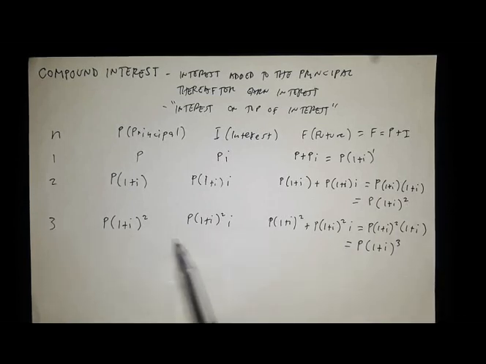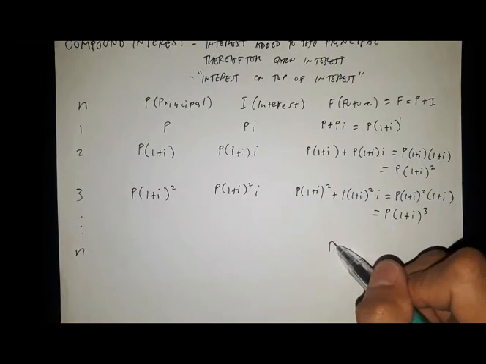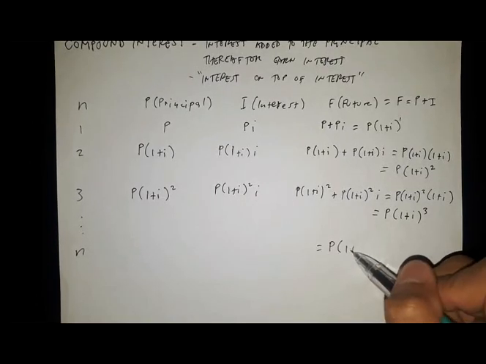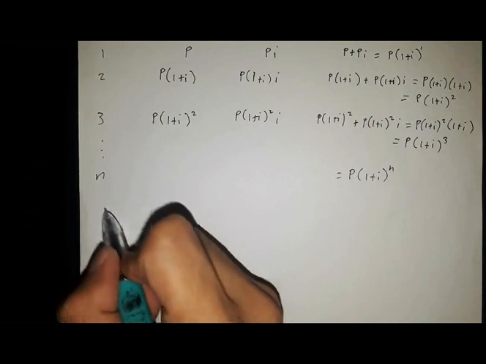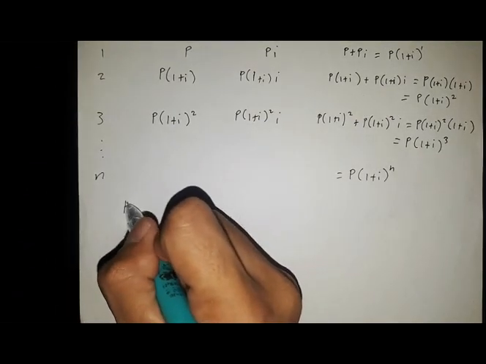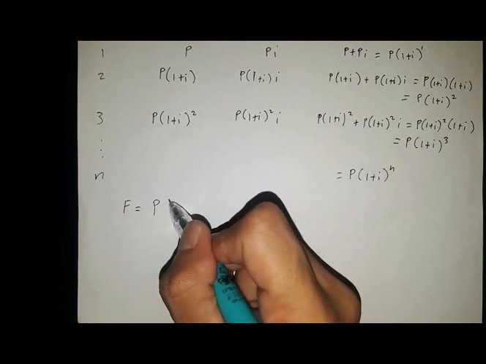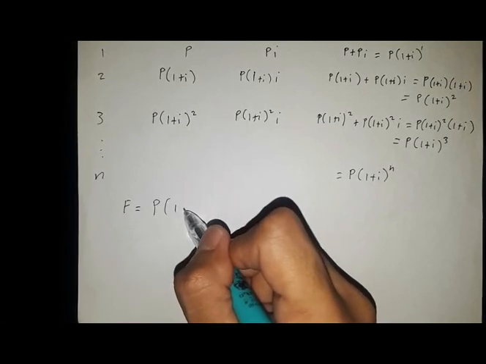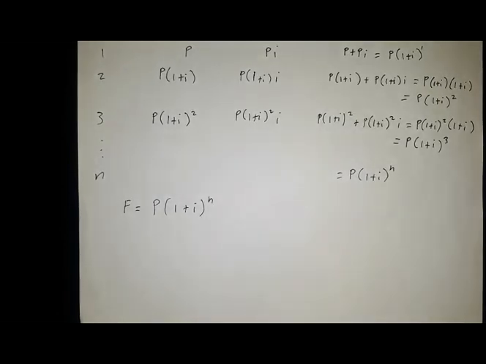For the third period, we have F equals P times 1 plus I cubed, until it reaches the end period, wherein we'll have F equals P times 1 plus I raised to n. So from this, we can conclude that the formula for F is equal to P times 1 plus I raised to n.